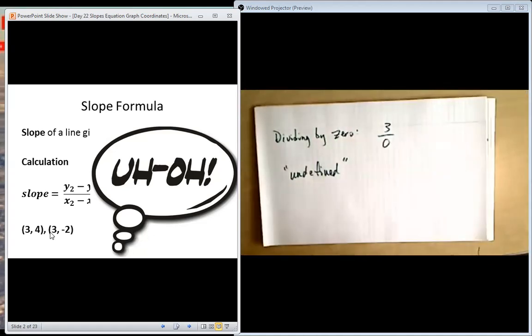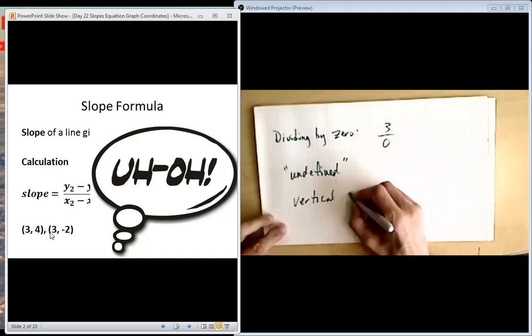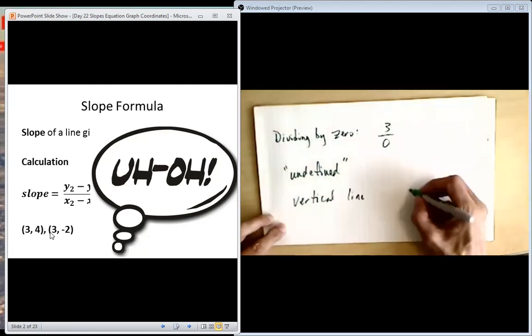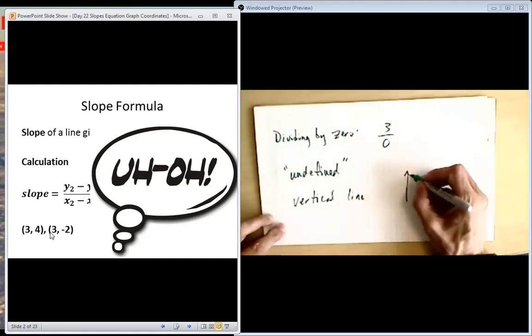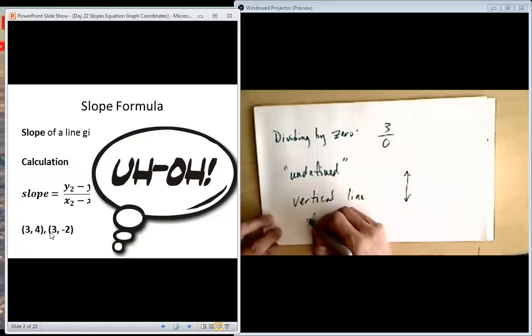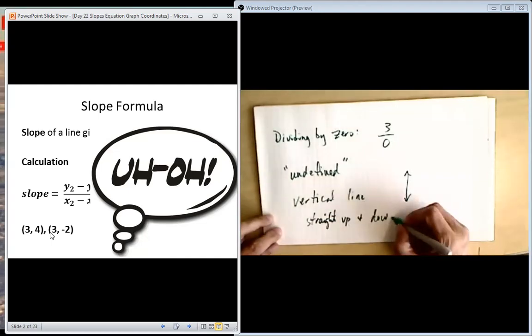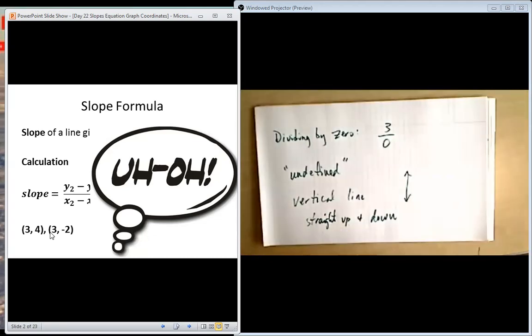It's the English word for it. And what it means is that you have a vertical line. A vertical line is one that goes up and down like this. Straight up and straight down. Not at an angle like the ones you saw at the start there. Okay, so this is sort of a special situation.